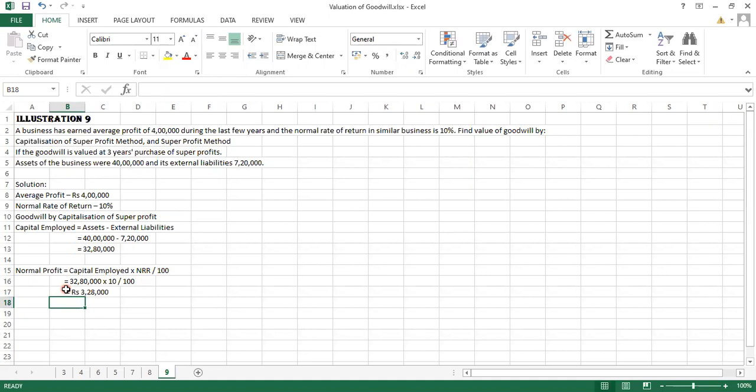What is super profit? Super profit is actual profit minus normal profit. So the next step will be to find out the super profit.